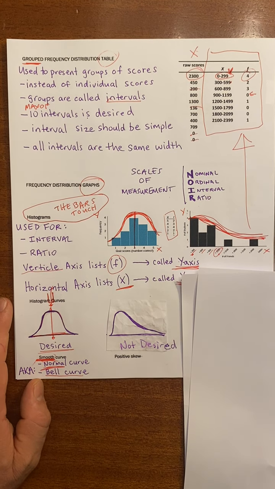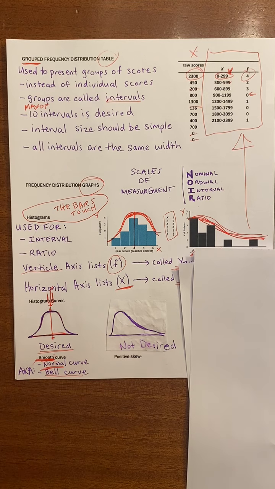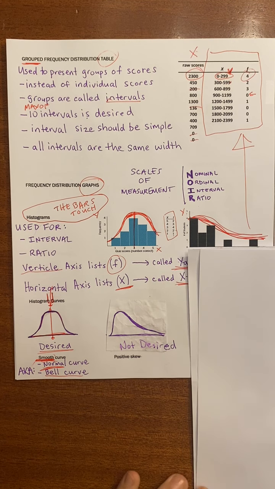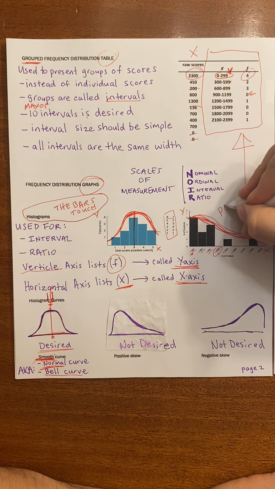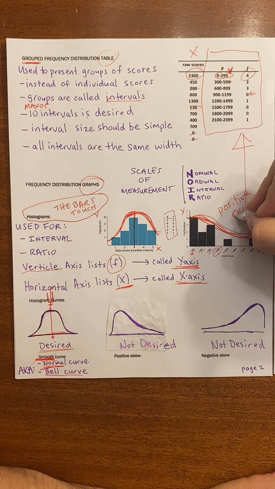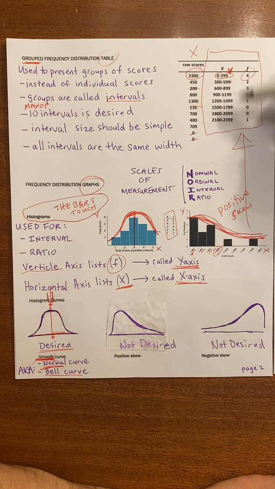Okay, and so let's look at some data where we would find this type of curve where it's positively skewed. As it turns out, that's what I have here. I have a positive skew with my data from my social media friends question.